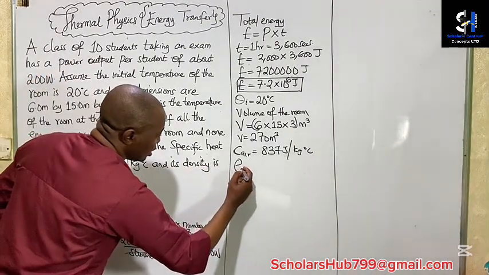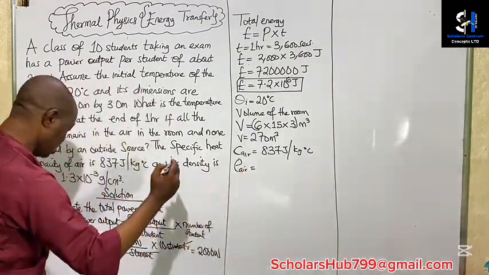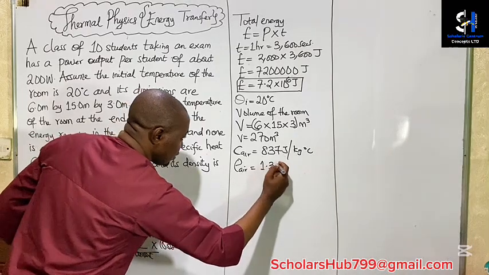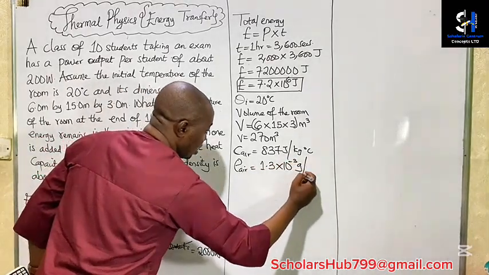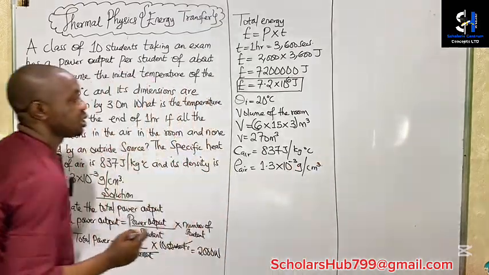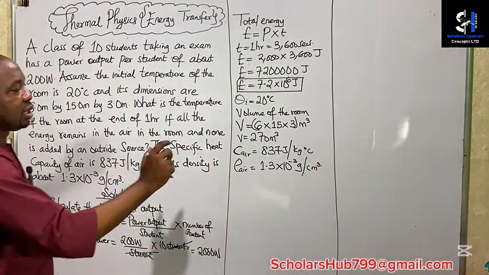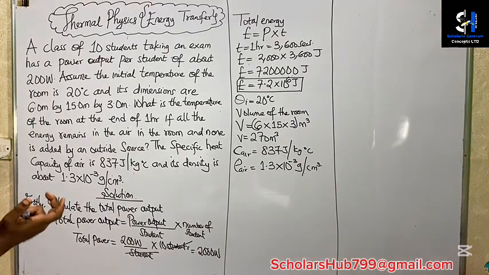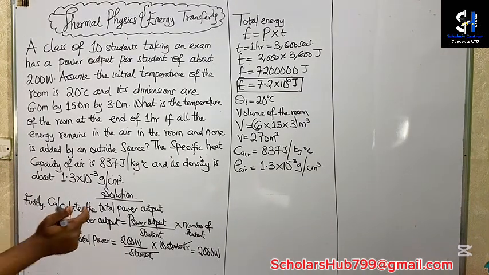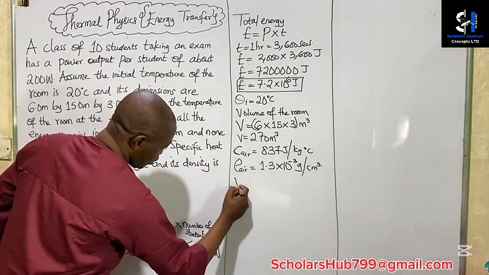multiplied by 10 raised to the power of -3 grams per cubic centimeter. So what I will do is, let me convert the volume into cubic centimeters.